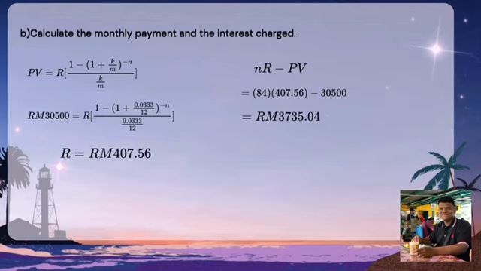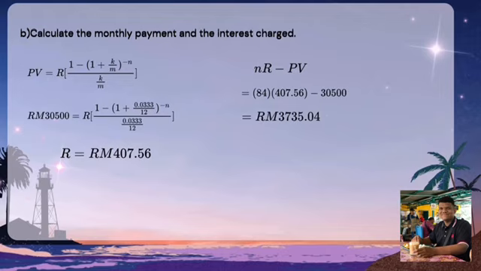B. Monthly payment and interest charge. To calculate the monthly loan payment, I use the annuity formula. Present value equals R multiplied by the fraction 1 minus bracket 1 plus K over M to the power of negative N, all divided by K over M, where the present value is 30,500 ringgit, K is 0.0333, M is 12, and N is 84 months.